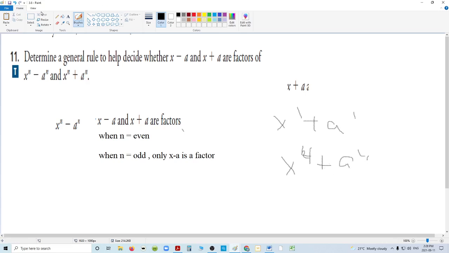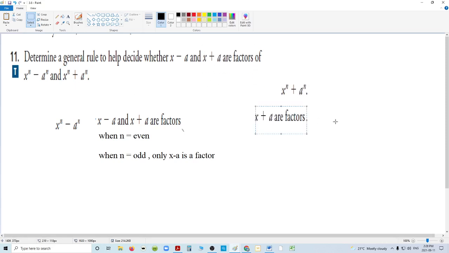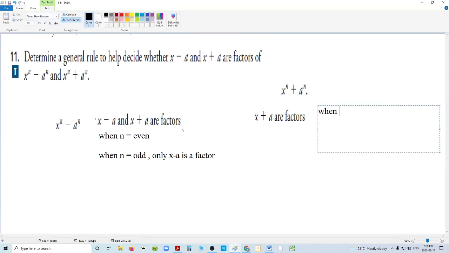So now I'm going to jump out on a limb and say that x plus a is a factor when n is odd. When n is even, neither is a factor.